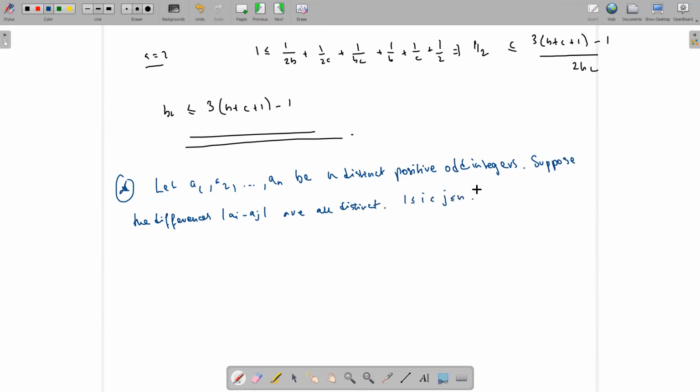Prove that a1 plus a2 plus dot dot dot up to an is greater than or equal to n times (n square plus 2) divided by 3.